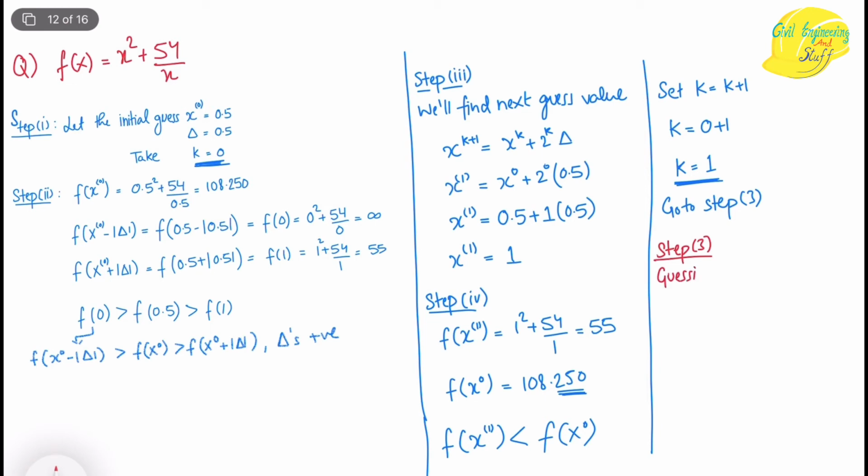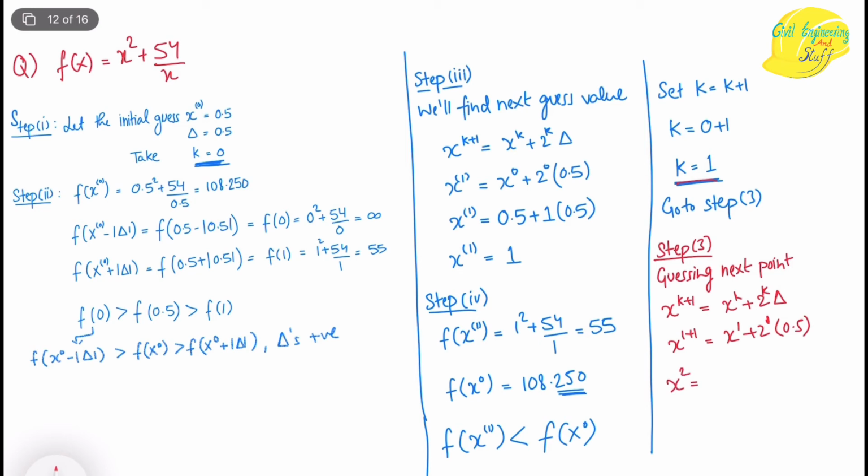Now again using the formula x^(k+1) equals x^k plus 2^k into delta. Our new k is 1, since in the previous step we set the new value of k to 1. So x^(1+1) equals x^1 plus 2^1 into 0.5.